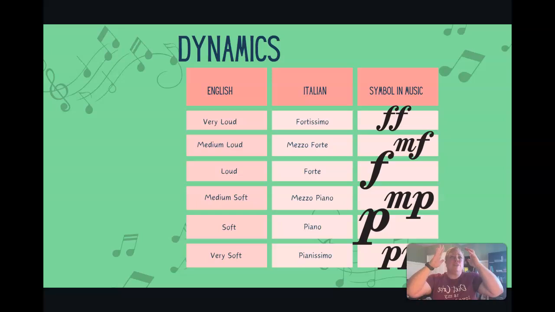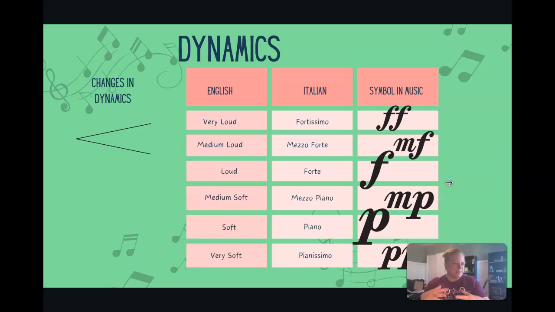Now, these are great for static dynamics, but the great thing about music isn't that it has the same dynamics all throughout, but that dynamics can change. And so if dynamic levels change, we use different symbols, and they look sort of like the symbols you see in math. This one looks like the less than symbol.